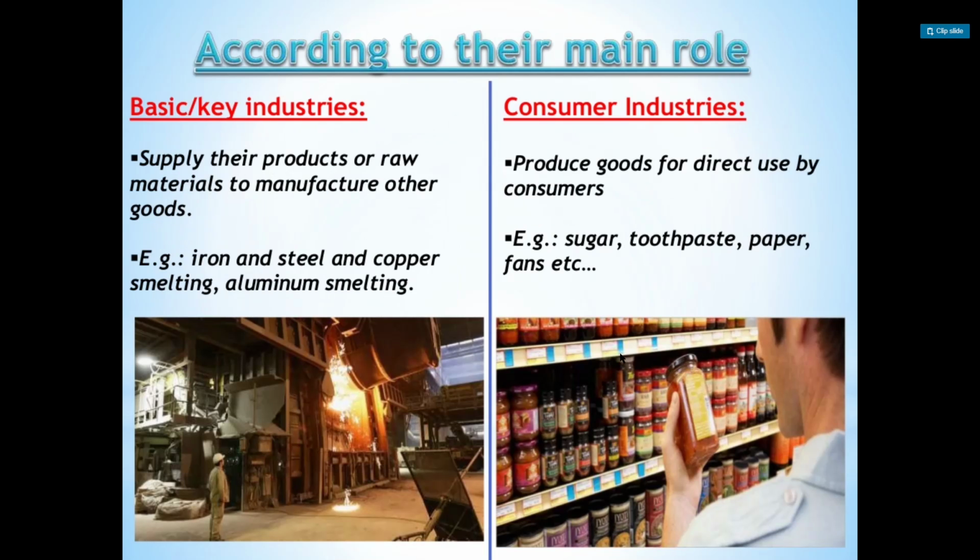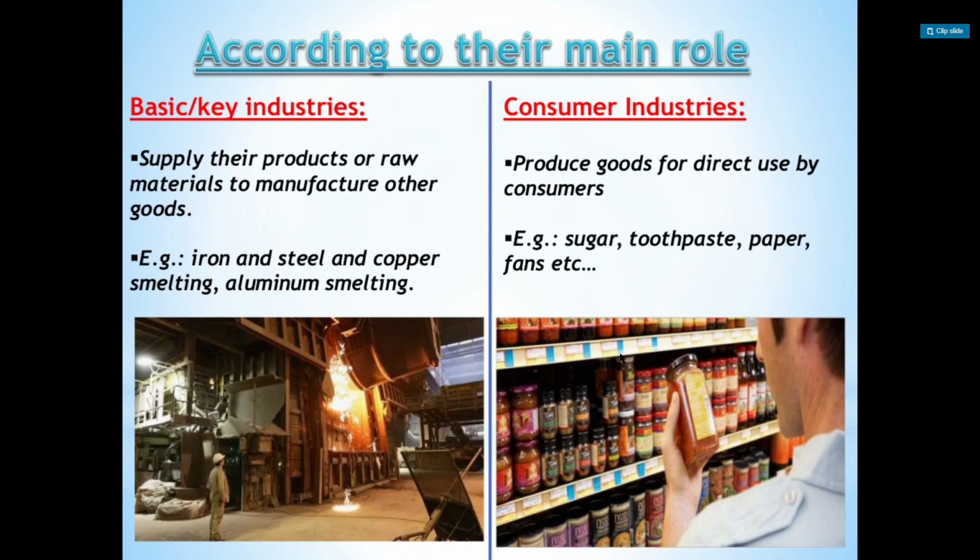And this is the second classification, according to their main role. First is basic or key industries. Second is consumer industries. Key industries supply their products or raw materials to manufacture other goods.